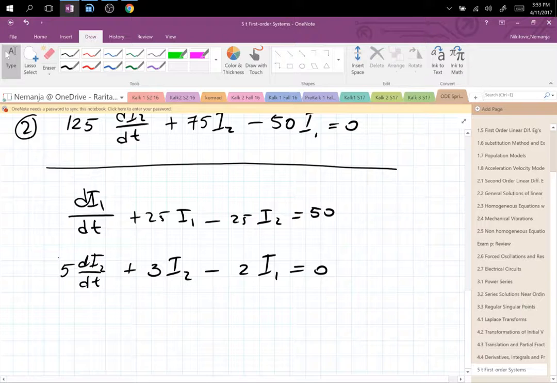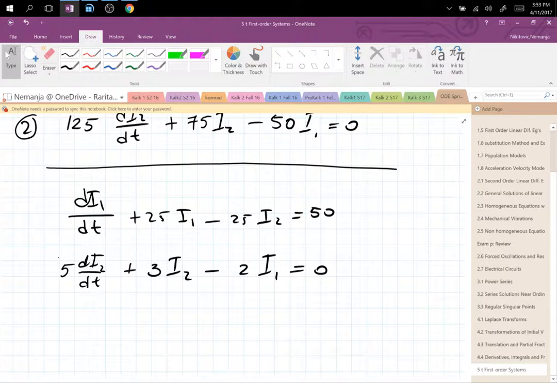There they are. So you are seeing over here the system of equations. You have the derivatives and the functions. You are clearly looking for functions I1 and I2. Now we'll learn how to solve this in the next section. This is just a setup, so we are using the loops to write these two equations.